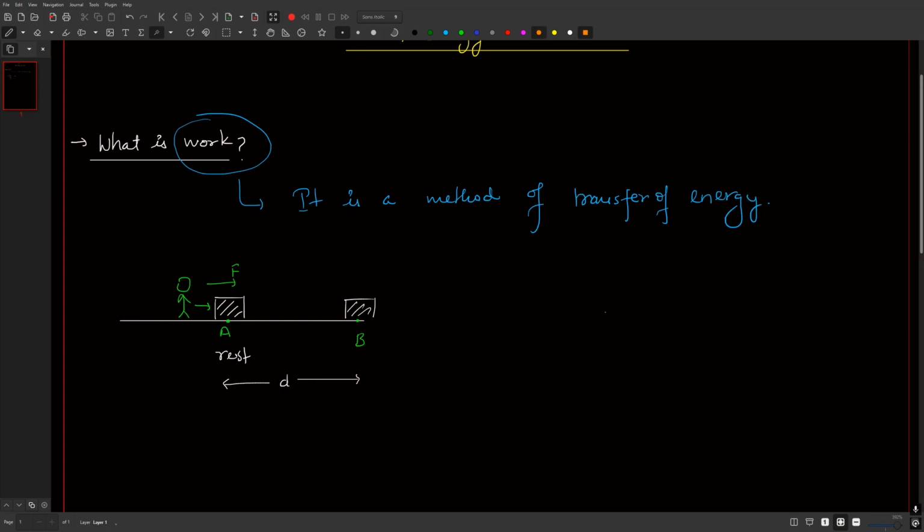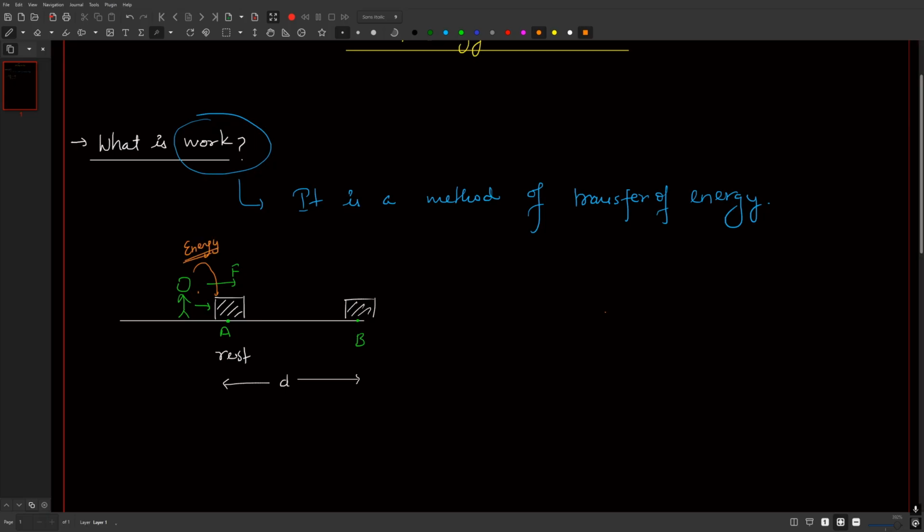But before you applied any force on the box, it had no extra energy to go from point A to point B. In fact, it had no energy at all to do this motion. Then the question is, where did the energy come from for the box to move from A to B? The energy came from you.